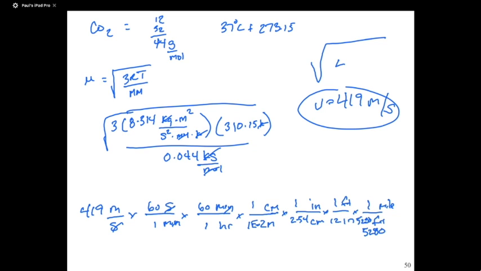It's 1 mile. 419 times 60 times 60. Okay. Divided by 0.01. Divided by 2.54. Divided by 12. Divided by 5,280. Yeah, that looks nice. Did anybody else come up with this?